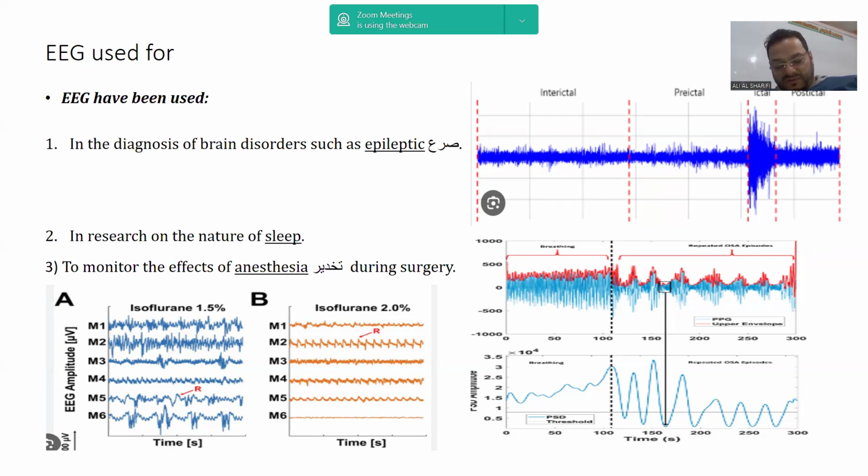Now, how can we benefit from it? We proved you have 4 different hertzes in 4 different situations, from sleep to mental activity. We can benefit from it when we use it on persons suffering from brain disorders.